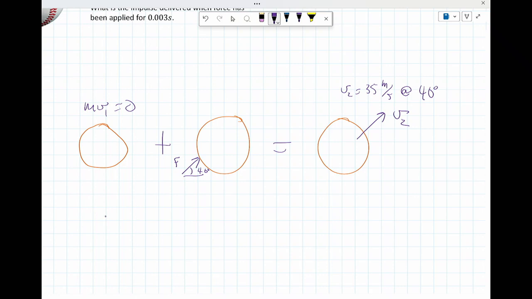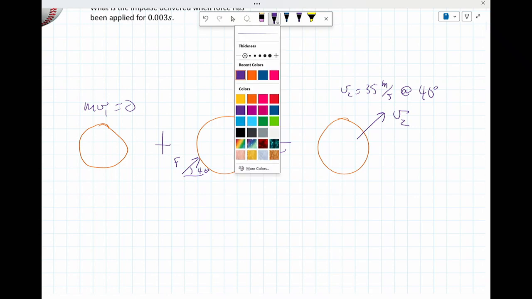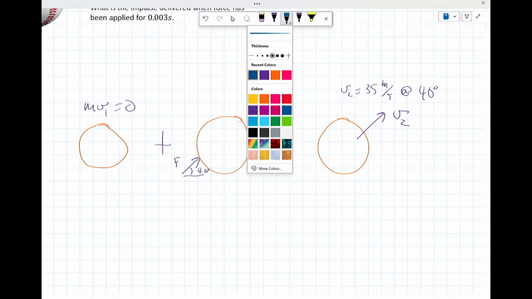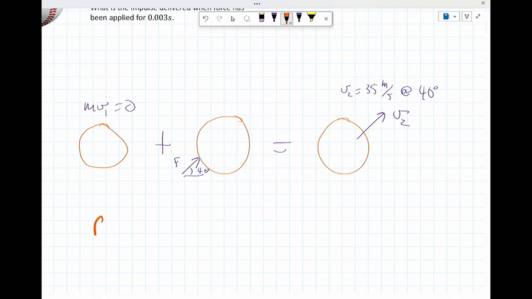So I can write this as zero plus the integral from 0 to 0.003 seconds of F dt, which equals mv2 of the system. Zero because it starts from rest.